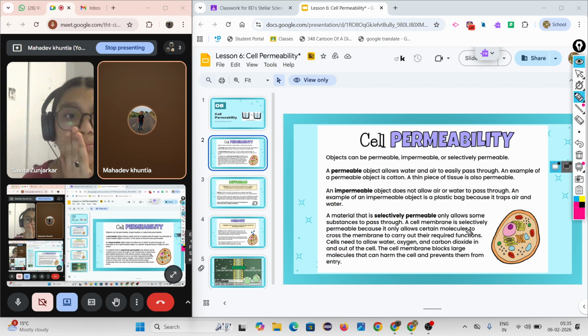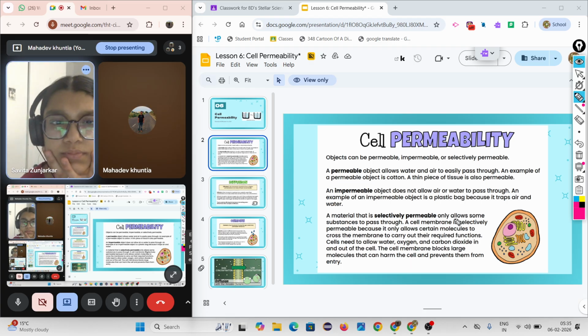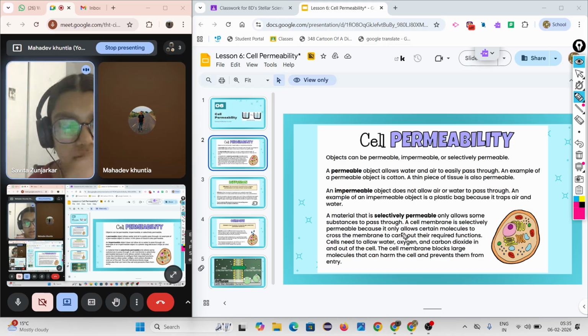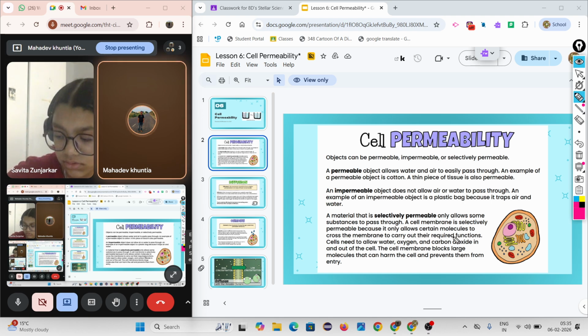The best example is the cell membrane. The cell membrane is selectively permeable, so it allows specific substances to pass through, because it only allows certain molecules to cross the membrane to carry out their function.